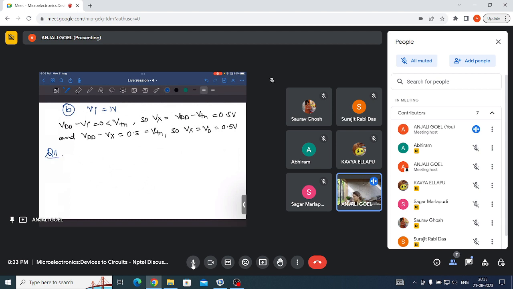Okay, so you have to tell me the number of NFET and PFET used for implementing F is equal to X plus Y plus Z into Y whole bar.